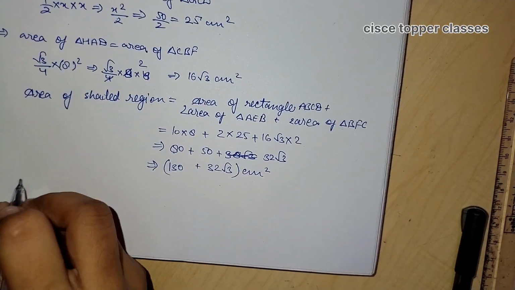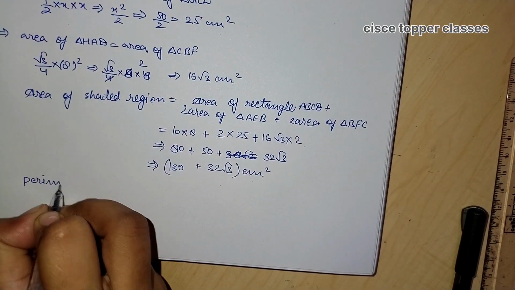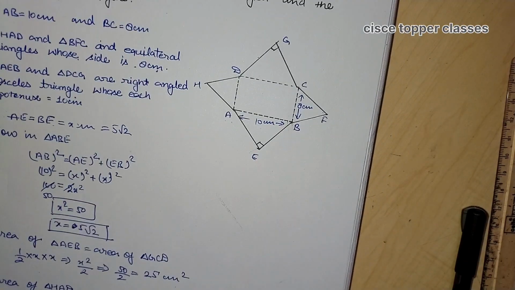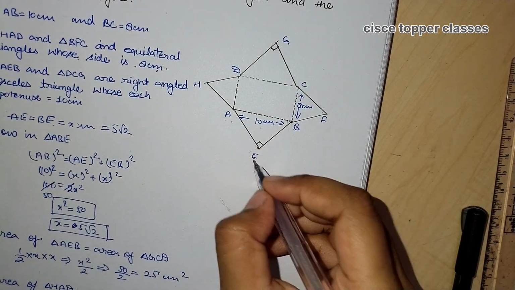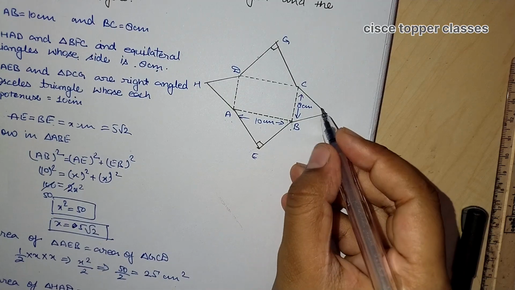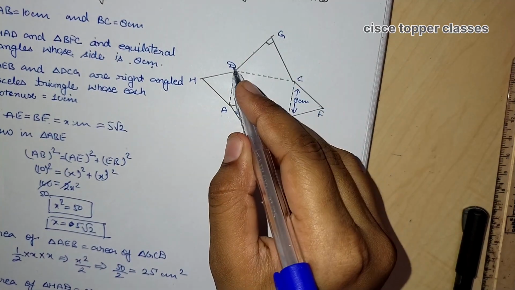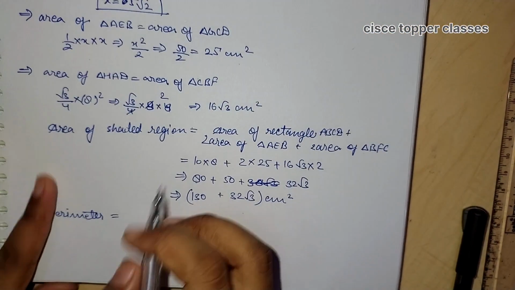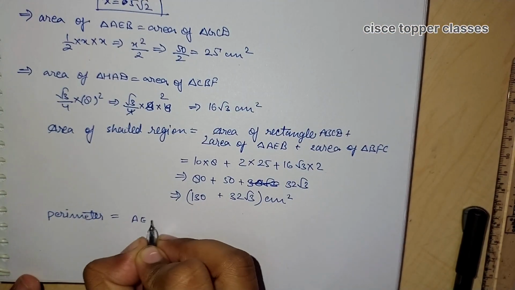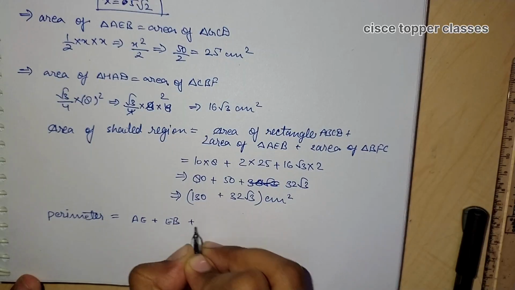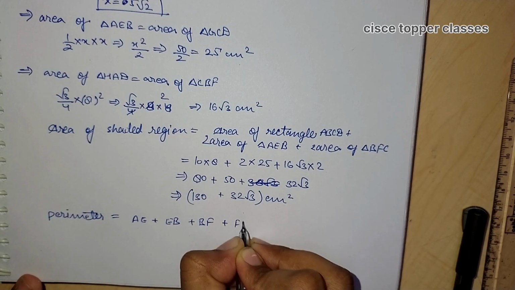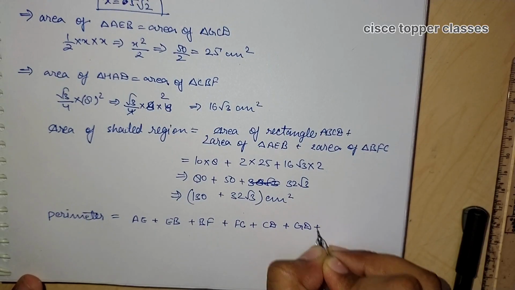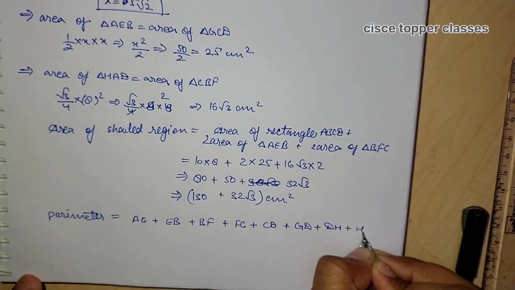Now we have to find the perimeter in the figure. So perimeter in this figure will be, we can write just the outer boundary here. So we can write here AE plus EB plus BF plus FC plus CD plus GD plus DH plus HA.